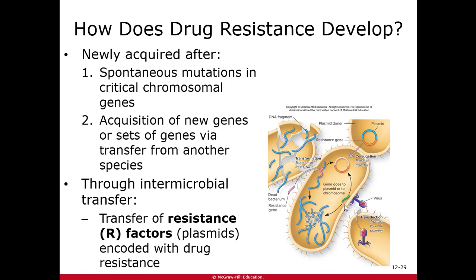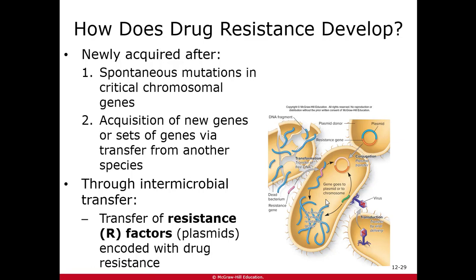And it can happen that these little snippets of DNA, this little orange snippet, can go from one bacteria to another through bacterial conjugation. Sometimes they can go from one bacteria to another using a virus. And sometimes they can go through transformation, meaning that DNA gets released and you can have DNA going from one cell to another. Either way, when bacteria talk and when DNA is getting moved around, it's never good for us. It could be good for them, but never good for us.